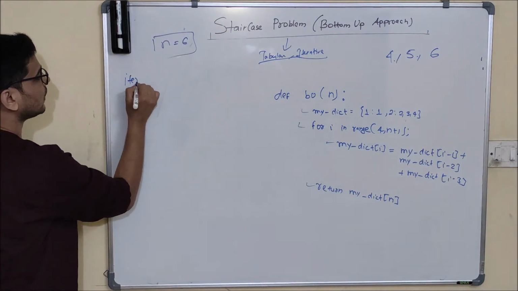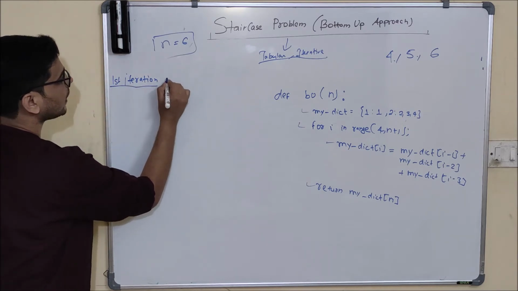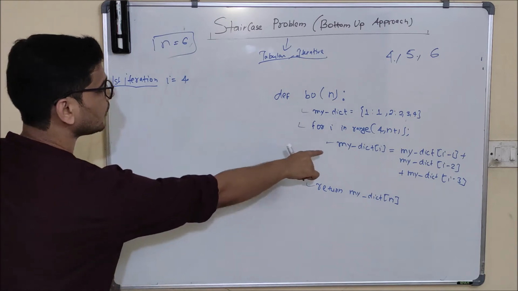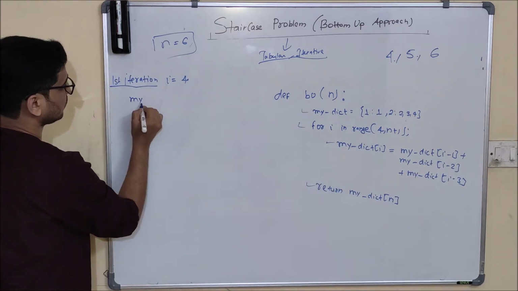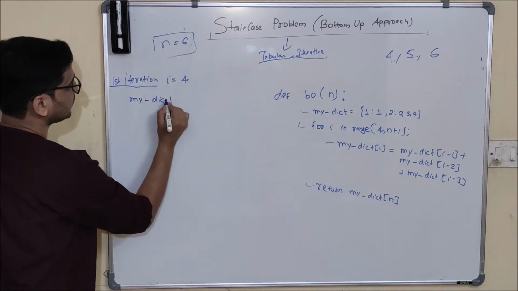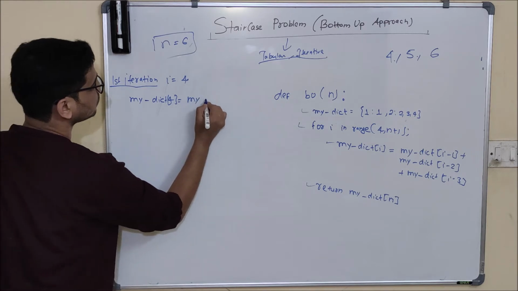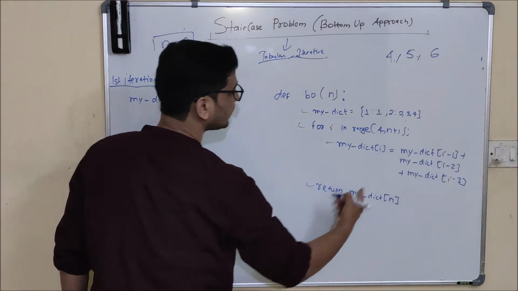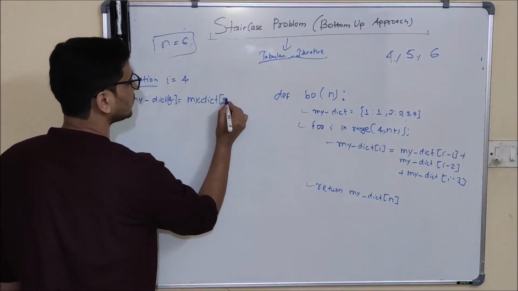Now let's see what will happen in the first iteration. In the first iteration, i will be equal to 4. So I will calculate my dict of 4, which will be equal to my dict of i minus 1. And what is our i here? 4. So it will be 3.